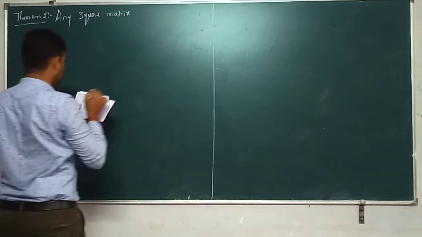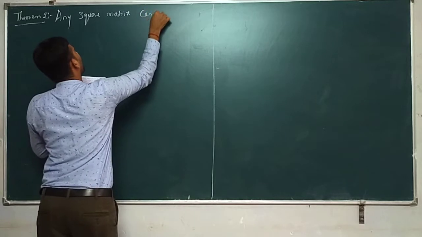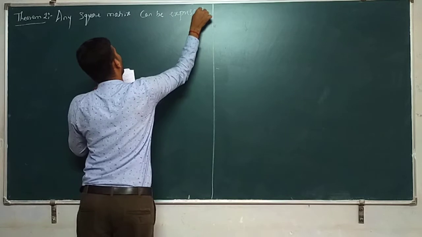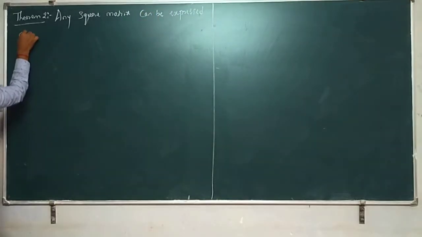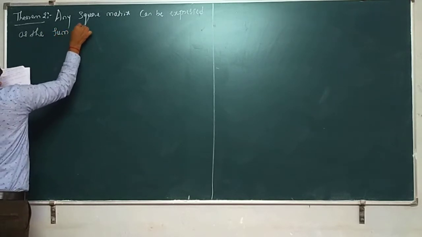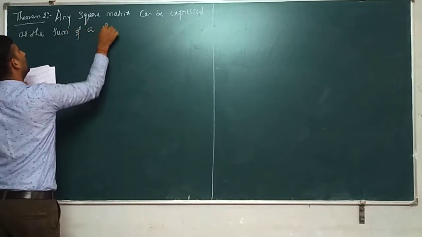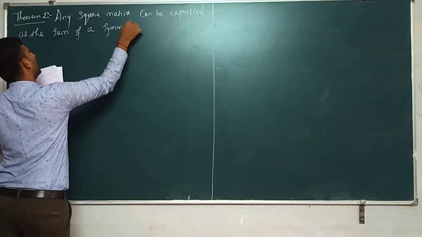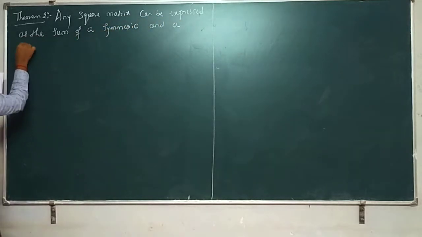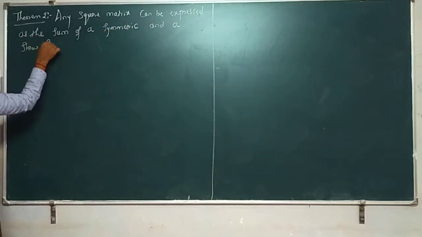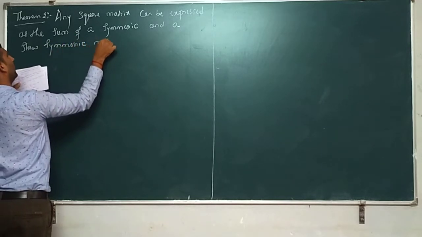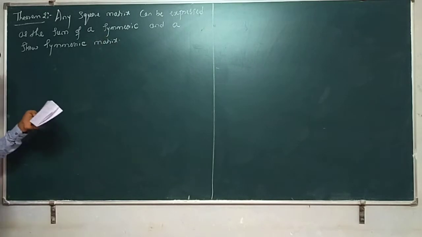Theorem number 2: any square matrix can be expressed as the sum of a symmetric and a skew symmetric matrix.